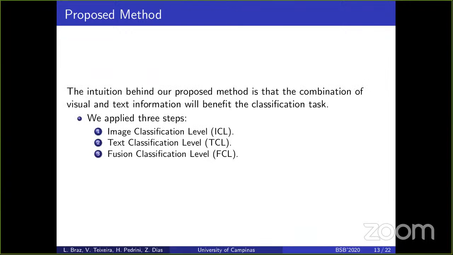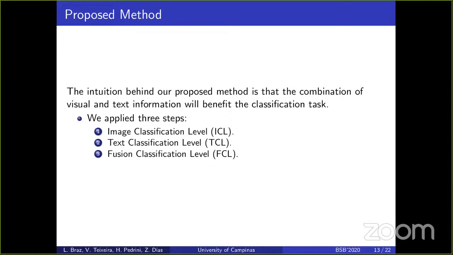So the intuition behind our proposed method is that the combination of visual and text information will benefit the classification task, improving its results. For the proposed method, we applied three steps: the image classification level, which we call ICL, the text classification level, called TCL, and a fusion classification level called FCL.